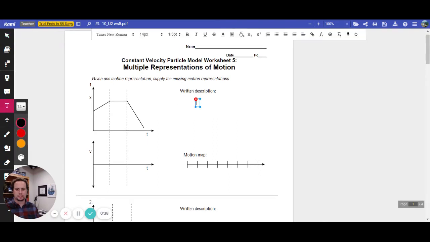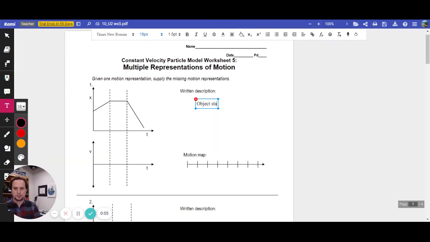So I'll open up a text box, and we'll make it just a little bit bigger, and we'll type in here what it is. So we've got three parts of the motion. We don't have any numbers, so I'm going to say the object is what I'll say and call it.